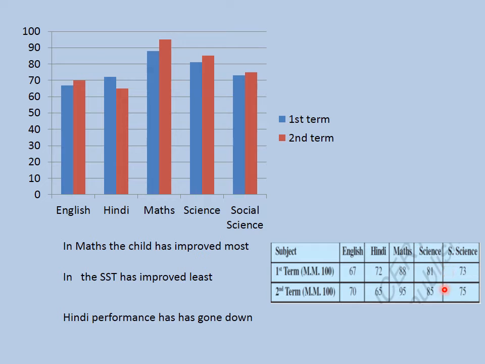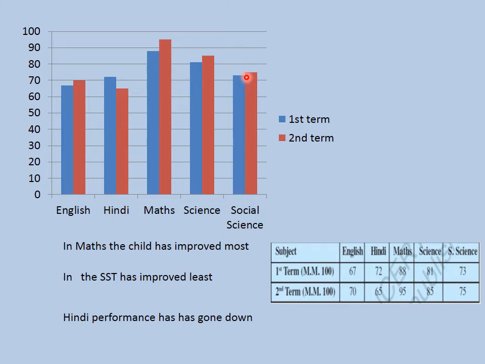So Maths is 88 in the first term examination, and Science 81, little above 80, in blue color. Social Science 73, a little above 70.